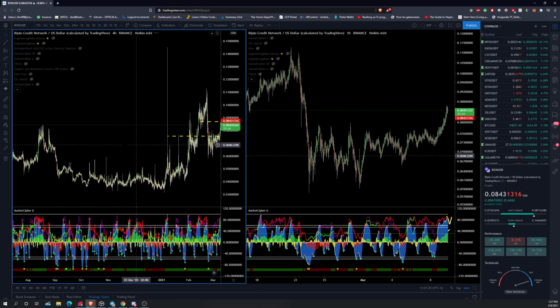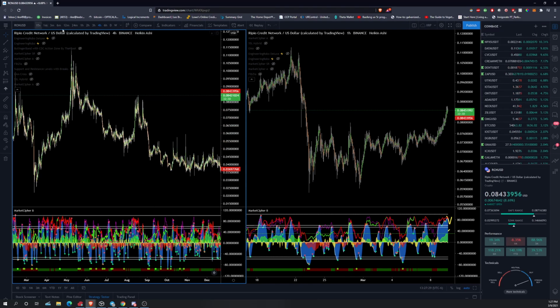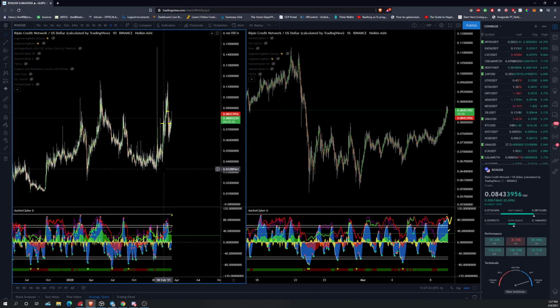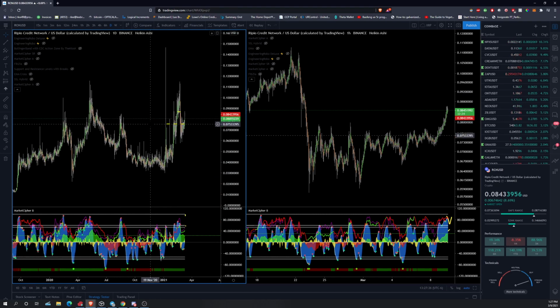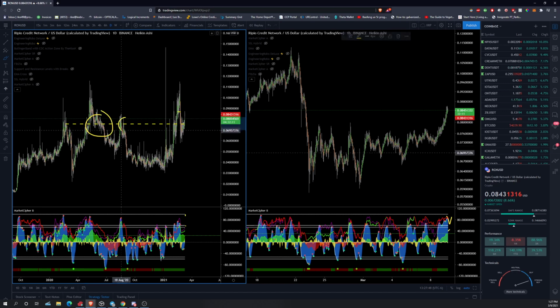Trying to look further left to see if there was anything that held us back previously. Yeah. So all the way back here, you had a lot of resistance. Well, not a lot, but there was a decent amount, especially up in here. There was a bunch there, a bunch here.